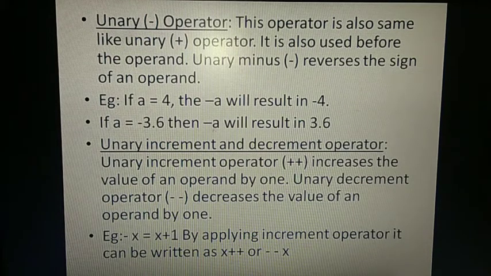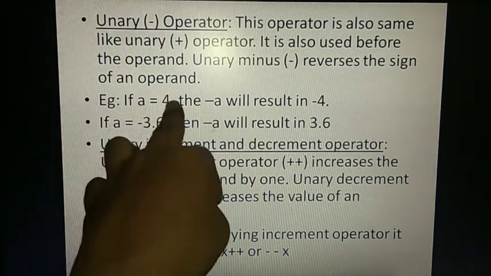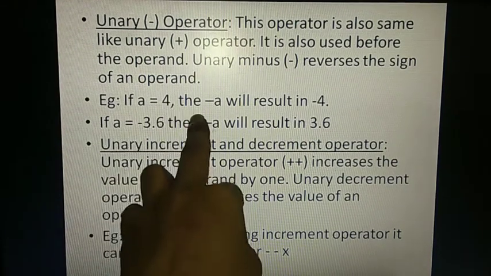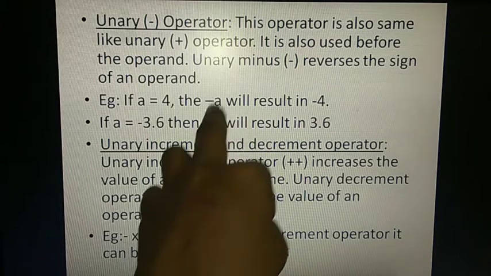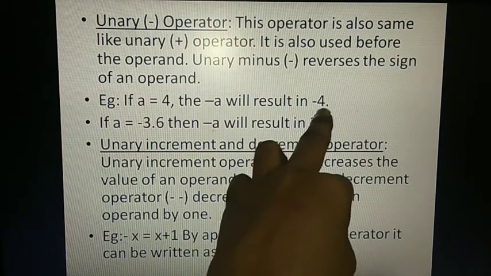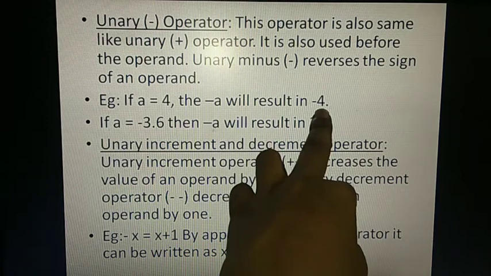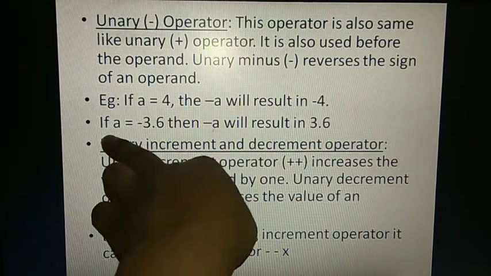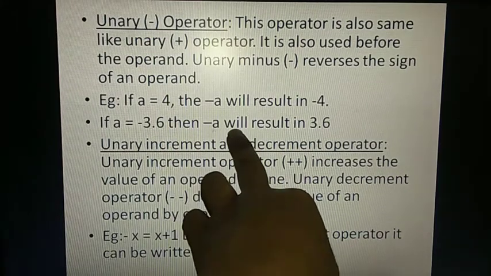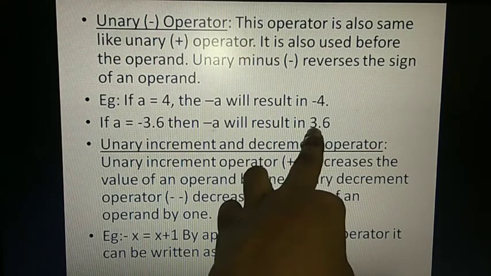Just see over here: if a is equal to 4, a positive number, then minus a will give you the reverse of your operand, and the result will be minus 4. Here plus 4 gives you the reverse of it as minus 4. If a is equal to minus 3.6, then minus a will give you the reverse, which is 3.6. Understood?